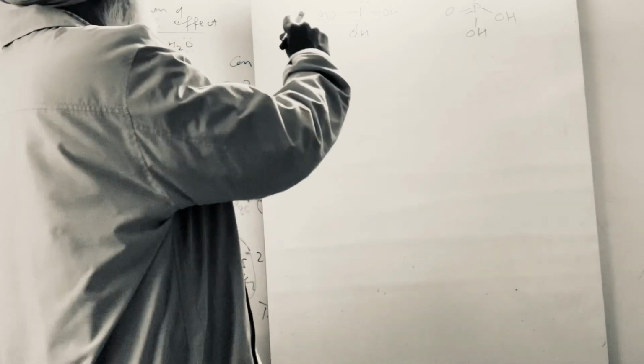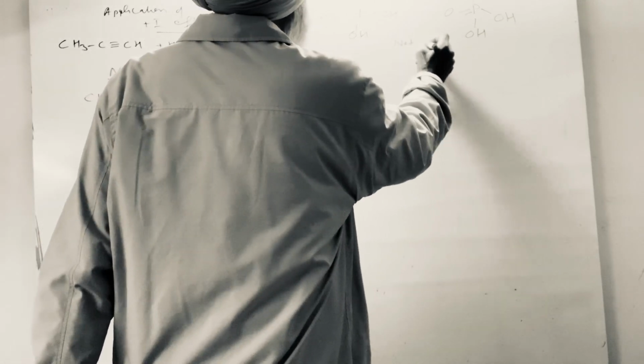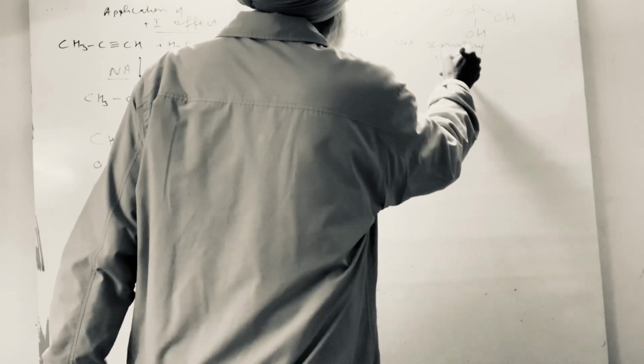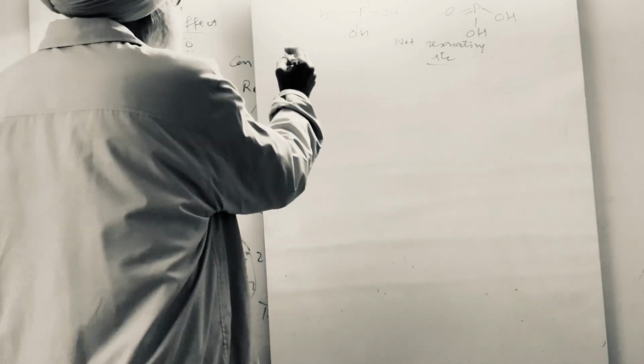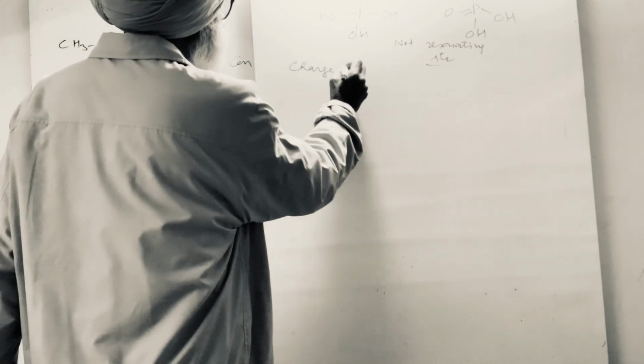Here just see the relative arrangement of nuclei is different, so not resonating structures. So one should know the conditions for writing resonating structures. Then the next thing is, which structure is more important while writing resonating structures? The one having less charge separation.